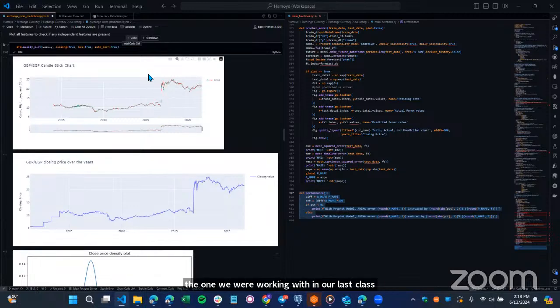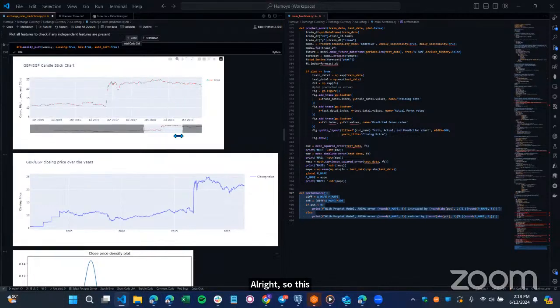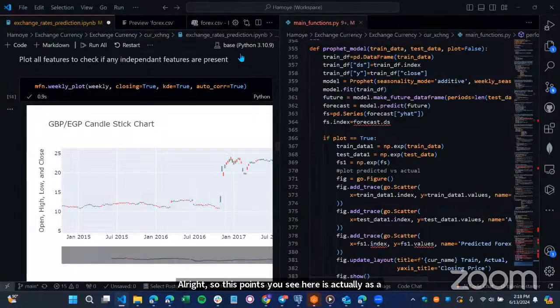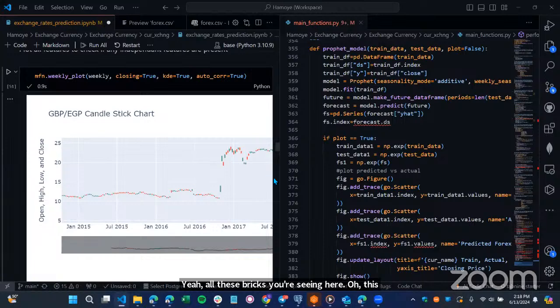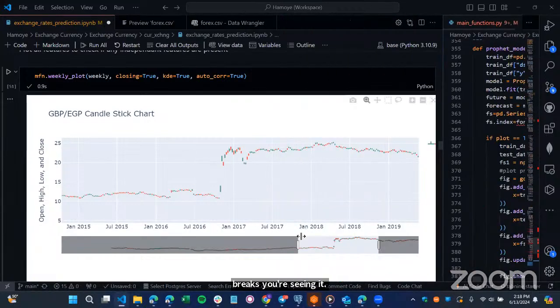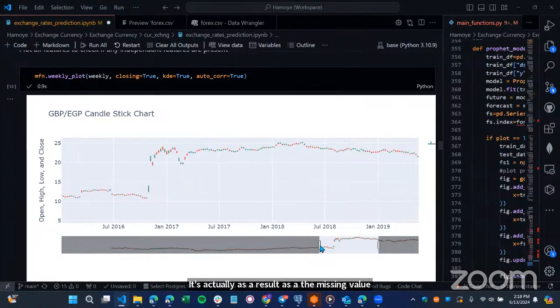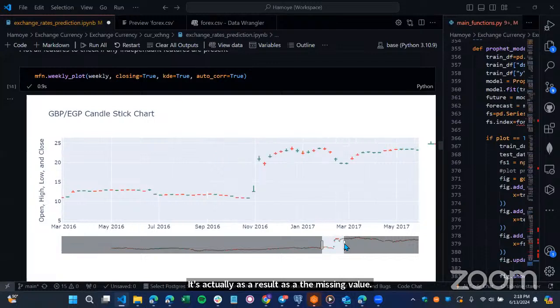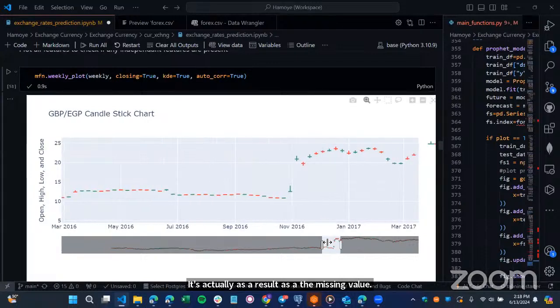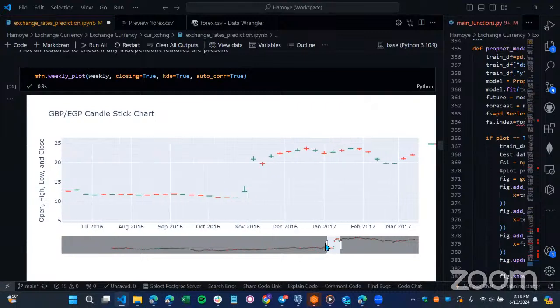All right, so this point you see here is actually a result of missing values. Sorry, let me zoom in. All these breaks you're seeing here are actually a result of the missing values.